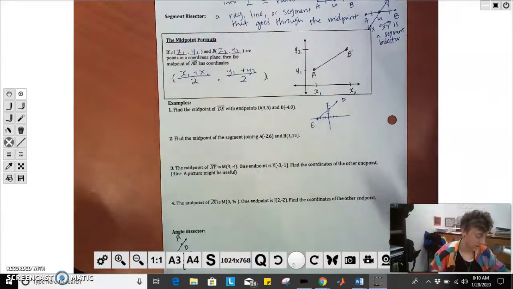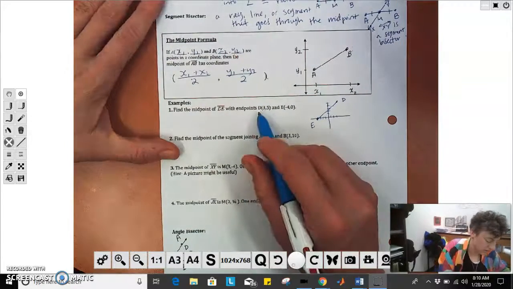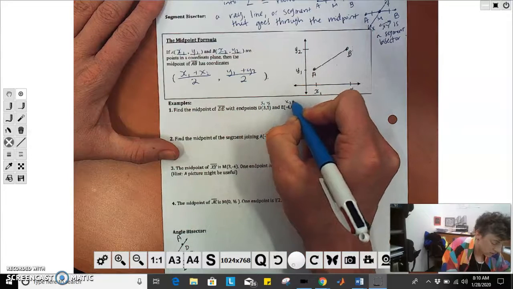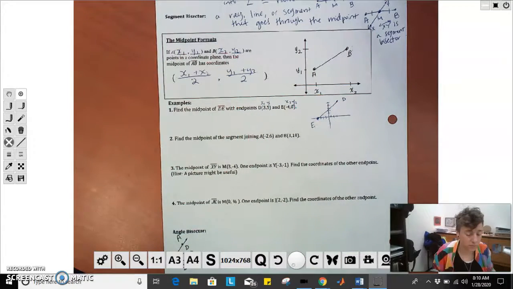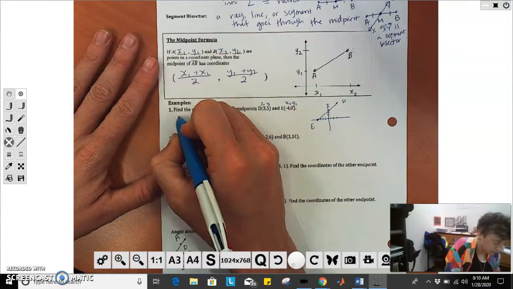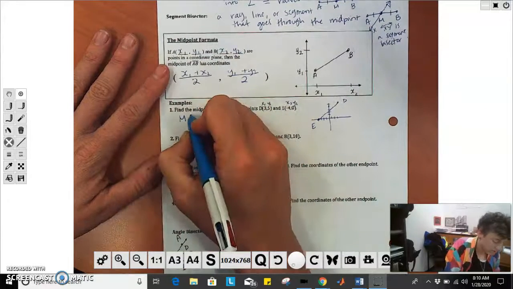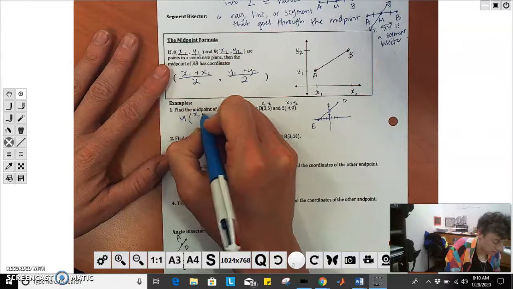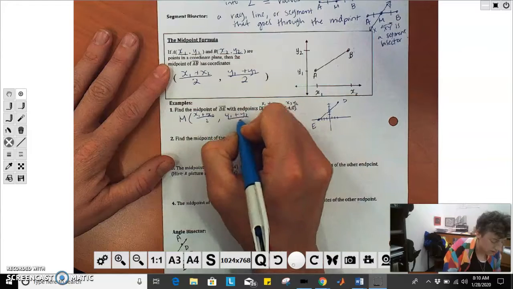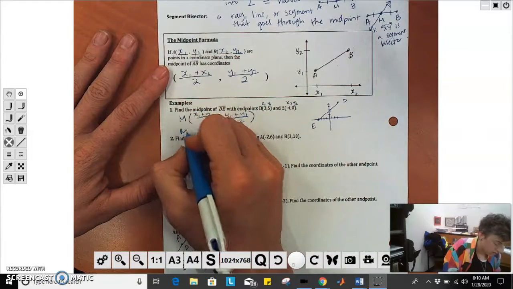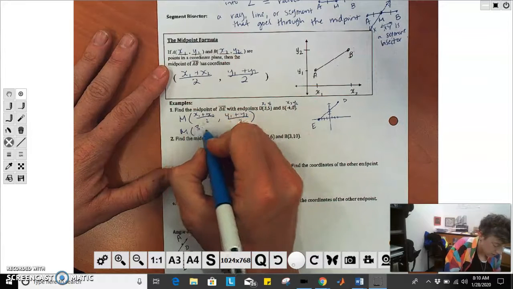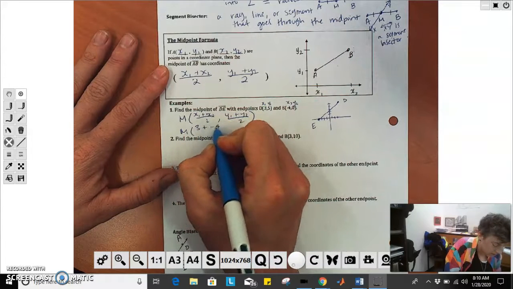Okay, so let's label our stuff. D is going to be x1, y1, E is going to be x2, y2, and then we just plug it into the formula. Let's call M the midpoint. It's going to have coordinates x1 plus x2 divided by 2, y1 plus y2 divided by 2. x1 was 3, x2 was -4, so 3 plus -4 divided by 2.